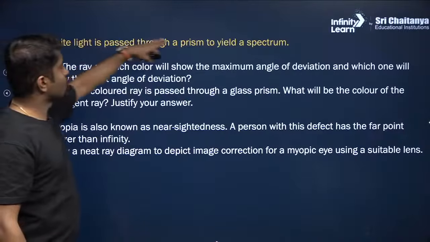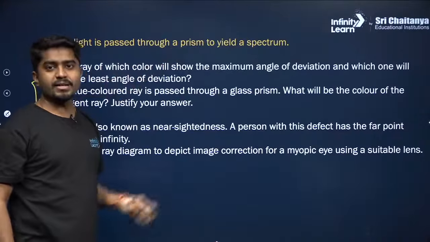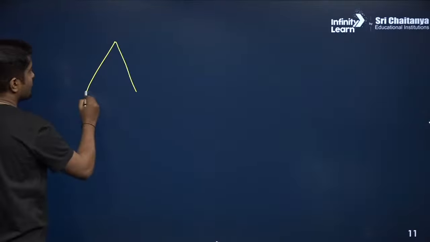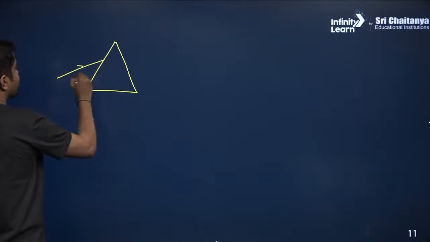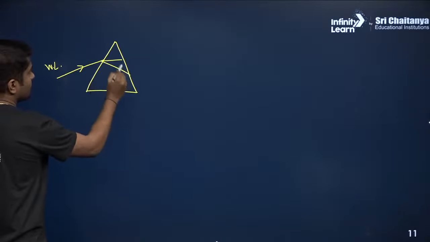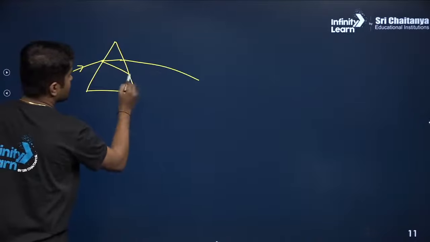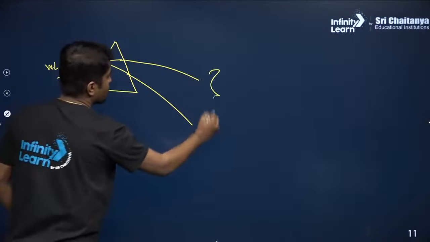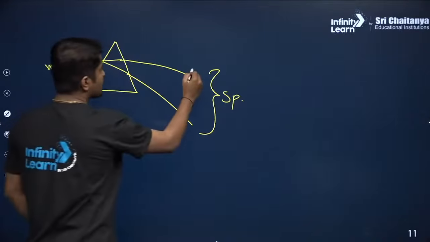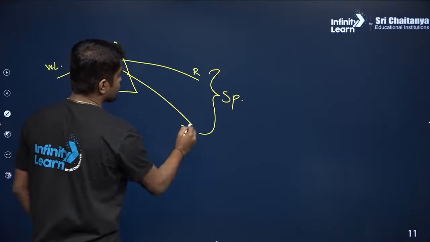White light passes through the prism, yields a spectrum. हमें पता है, राइट. If there is a prism, if a white light passes through the prism, then these 7 colors which is called a spectrum is formed, and the first one is red, last one is violet.